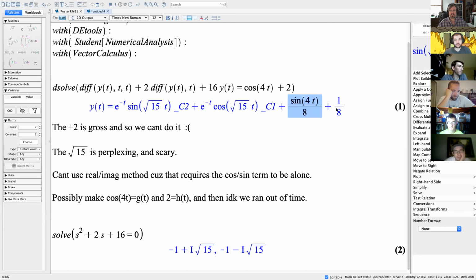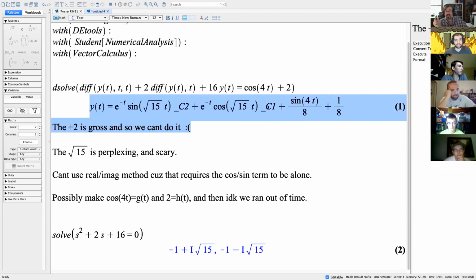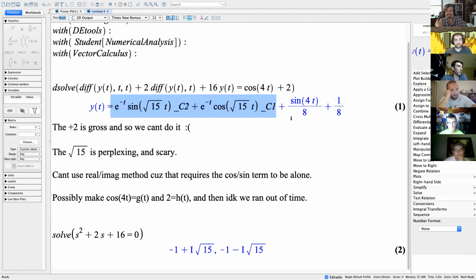Do you recognize it? That e to the negative t times sine root 15t times a constant, plus the second term with the cosine times a constant. Those 2 terms, that's the homogeneous part of the solution that they found. And then the 1/8 sine of 4t, that's the particular solution that they found.